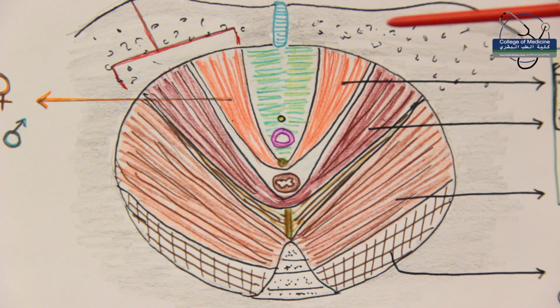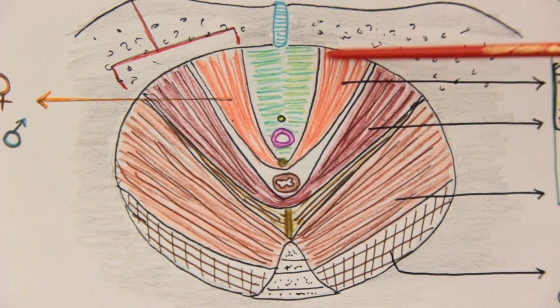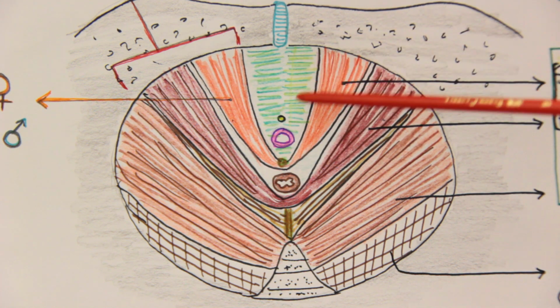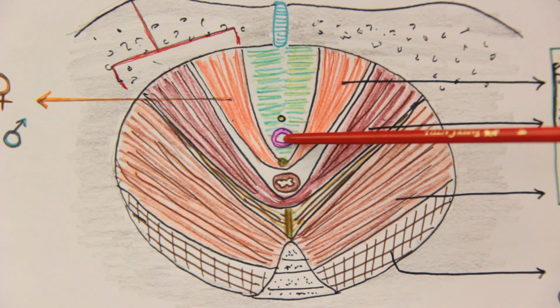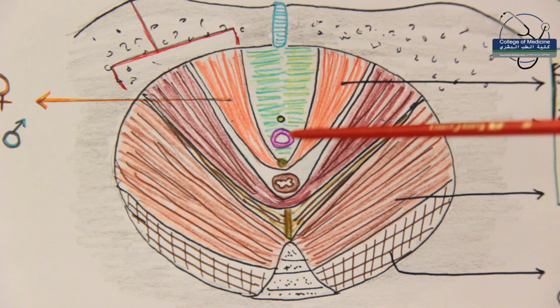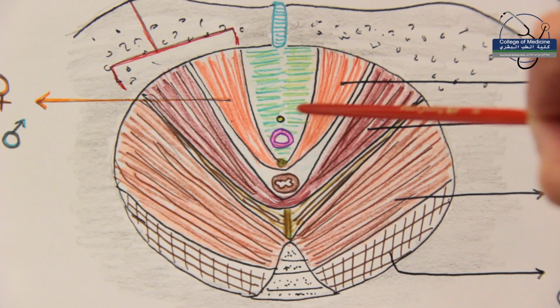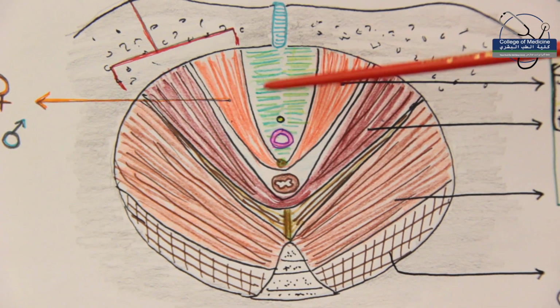Okay, as we can see over here, there is a U-shaped deficiency between the two slings of pubococcygeus, or the sphincter vaginalis, here and here. And this U-shaped deficiency is actually allowing the passage of the urethra and the vagina in females from the pelvic cavity down to the perineal region. This gap has been filled up by no muscle, but by ligaments.